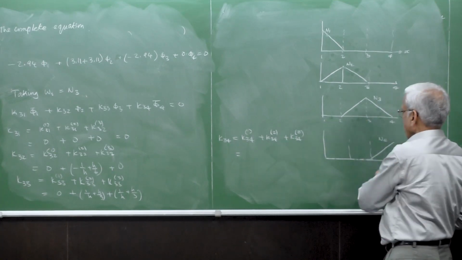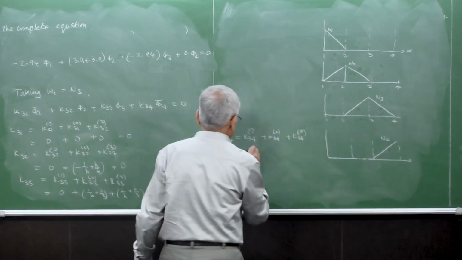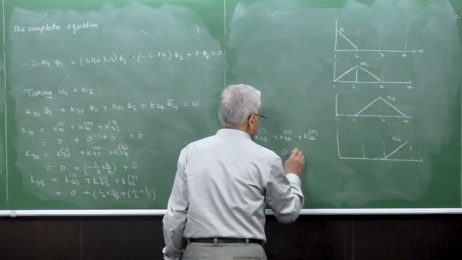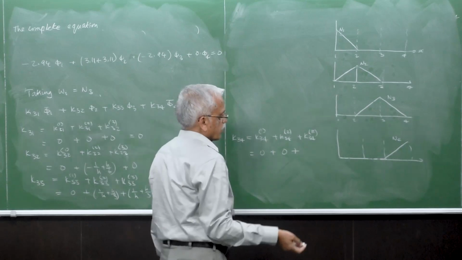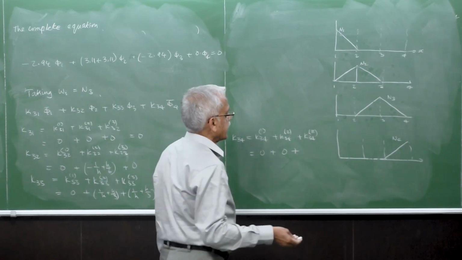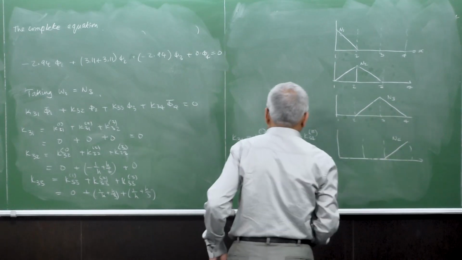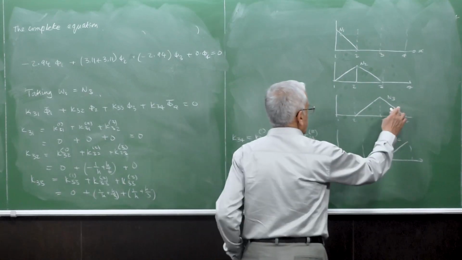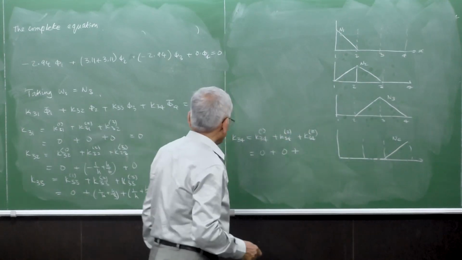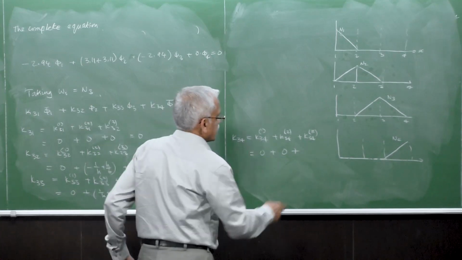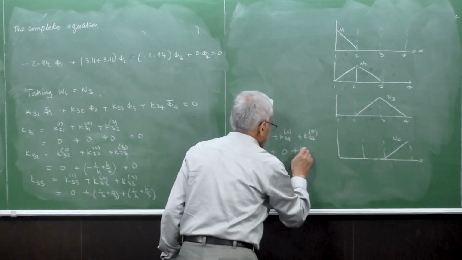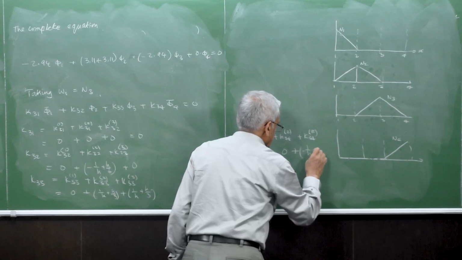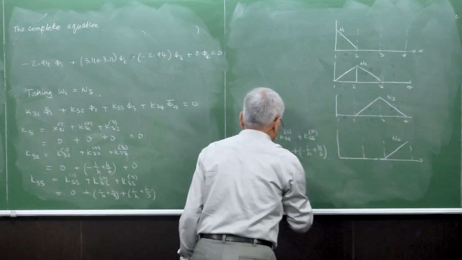N4 is 0. And only in the element 3, it is non-zero. And how much is that? N3 and N4 here, right? N3 and N4 here. So this will be how much? So opposite sides, minus 1 by H plus H by 6.